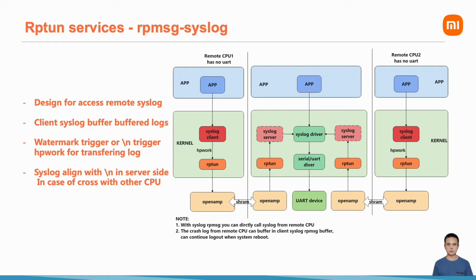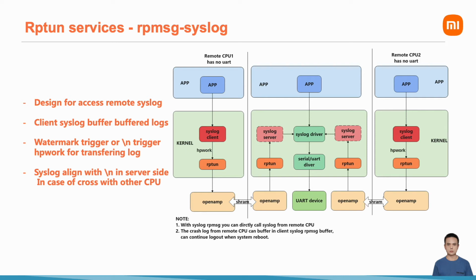Then, firstly, we create an OpenAMP endpoint between remote CPU 1 and the main CPU. Second, set up a syslog buffer for remote CPU 1. Syslog chars are put into the syslog buffer.